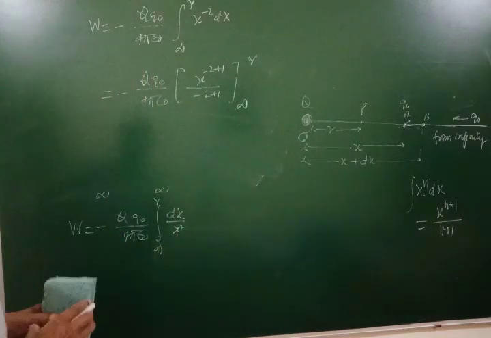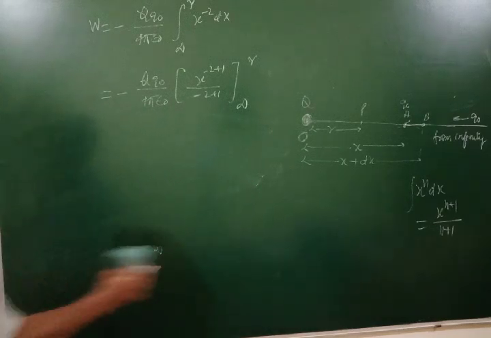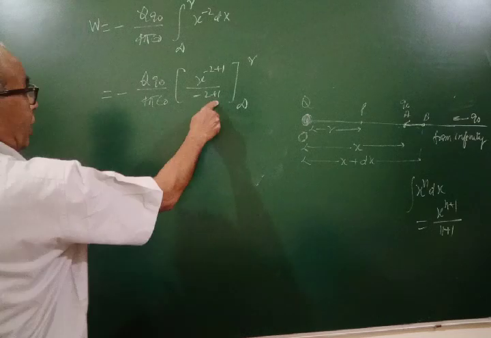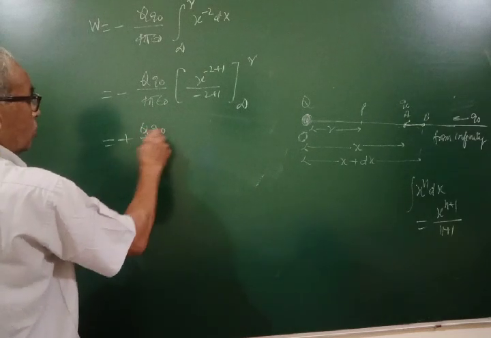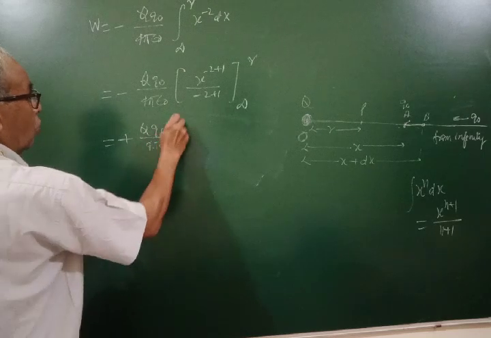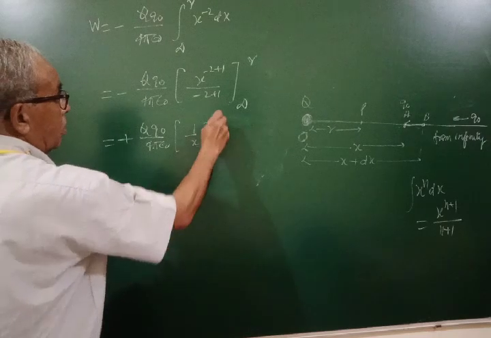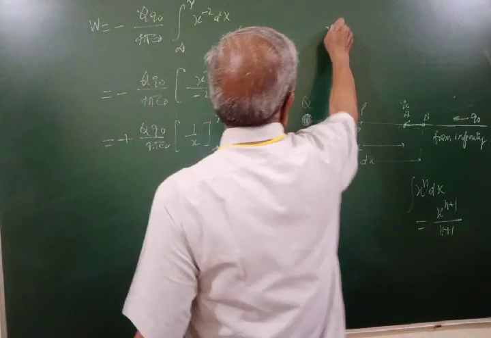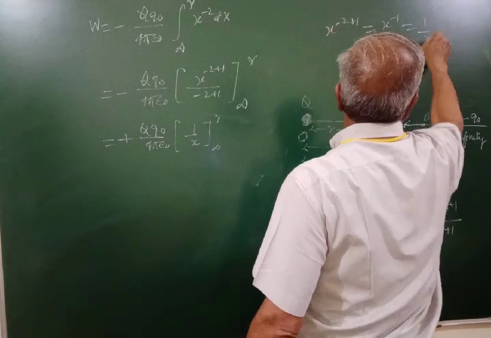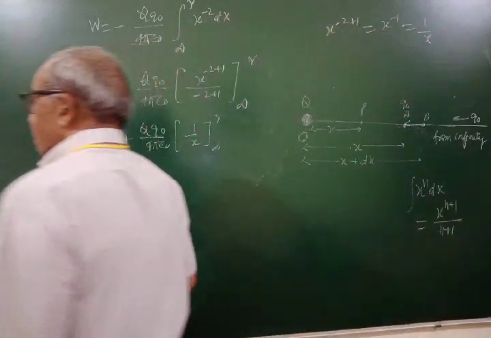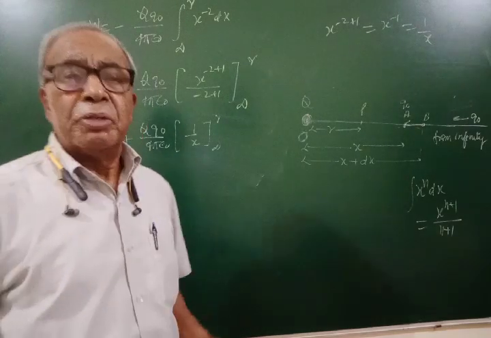You might have learned this in class 11 while calculating gravitational potential. It is minus 1 outside, so it will become plus Q0 upon 4 pi epsilon 0. Here x to the power minus 2 plus 1 equals x to the power minus 1, which equals 1 upon x. Simple. Don't be afraid of such operations of mathematics. These are simple things.